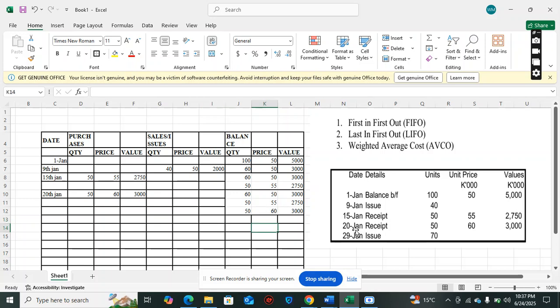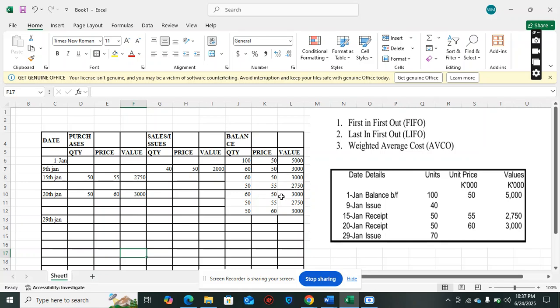Okay. Then next, 29th January, we had the sale of 70 units, on issue of 70 units. All right. So come 29th January, we issued 70 units. So now this is where the first in, first out comes into effect.